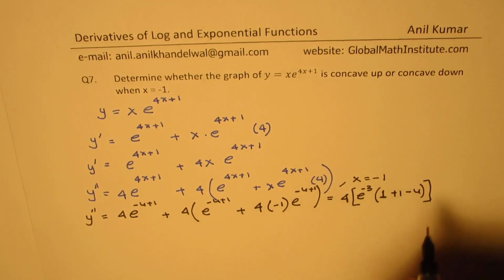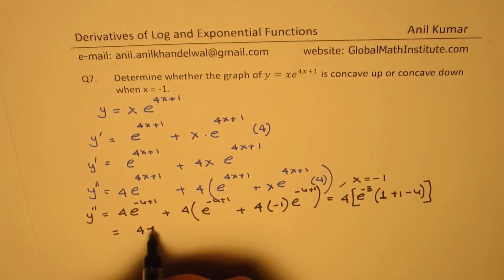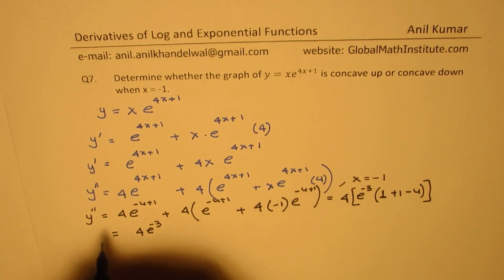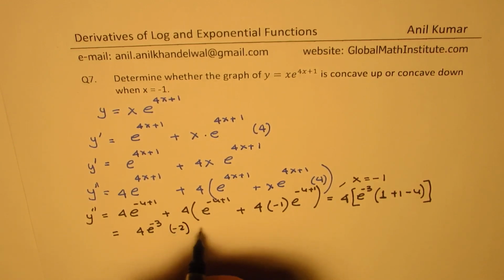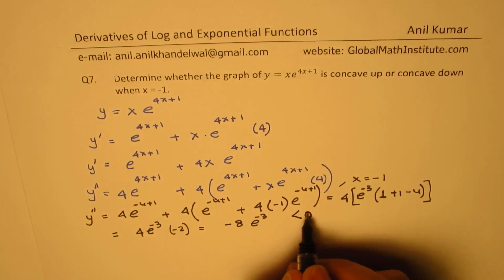So that gives us 4 e to the power of -3 times this number here, which is -2, so we get -8 e to the power of -3. Now this is less than 0.